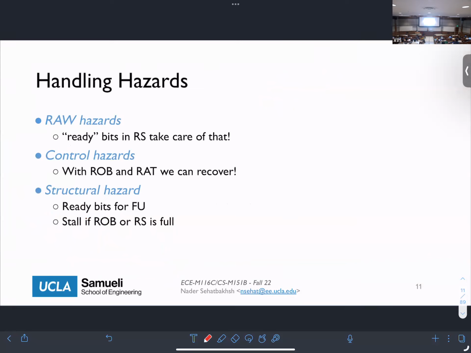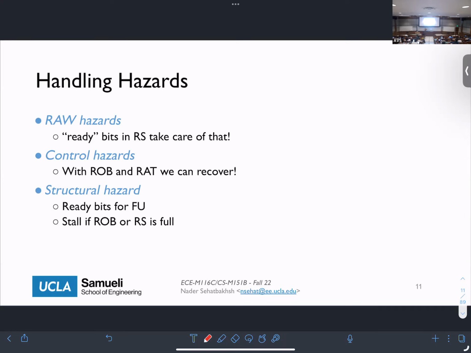We also talked about hazards. We said that essentially our RAW data hazards are handled by the ready bits that we use in the reservation station. The structural hazard is when we have, for example, the ROB or our RS full, right? So if the lines get full, we need to stall the processor.